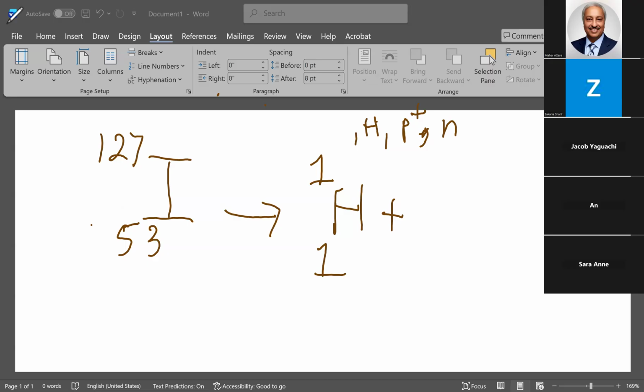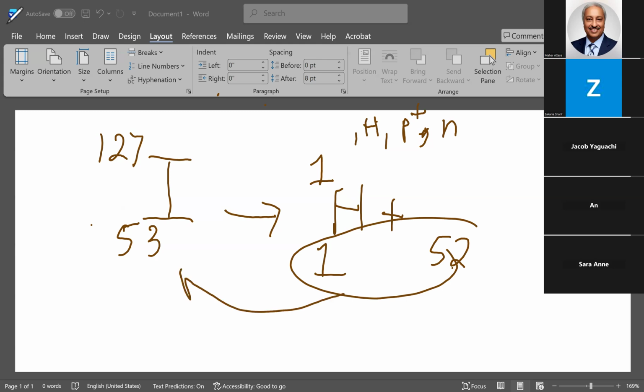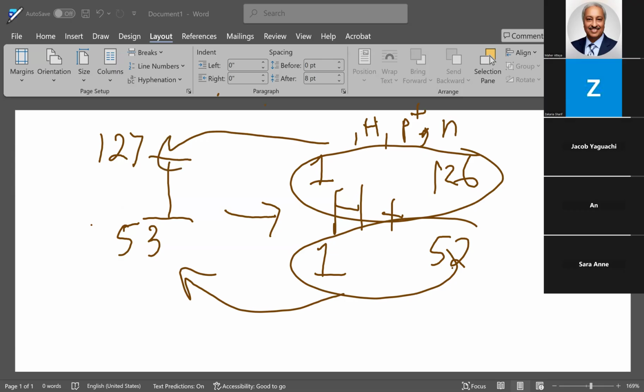Come on, guys. Is it tellurium? Tellurium, Te? Well, it has to be 52 first at the bottom here, because if you add 52 to 1, will be what? 53. And on the top, how much will it be? 126. Correct? If you add them up, will give you 127. And what is the element 52? You said tellurium? Yes, Te.